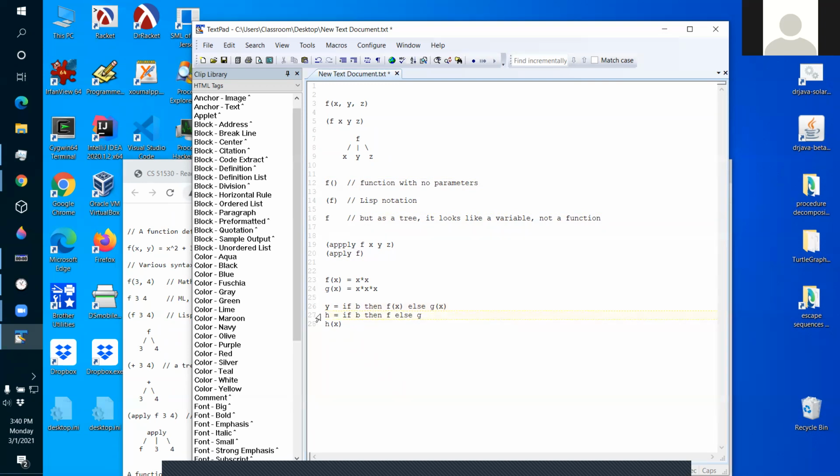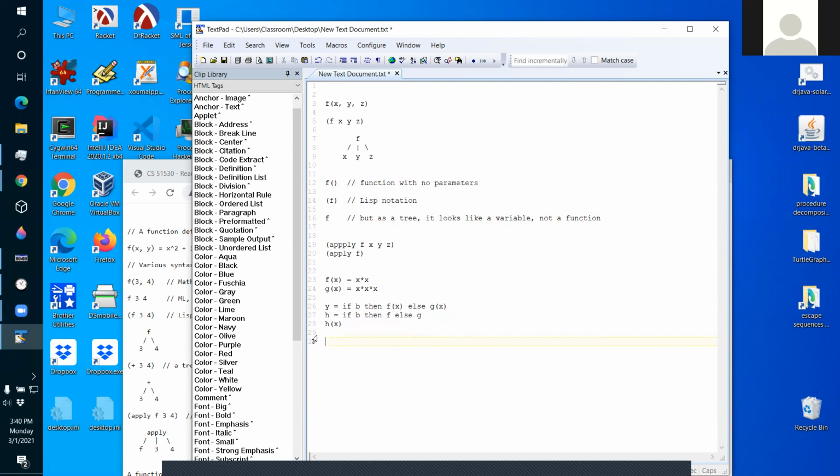This is a little bit more abstract. Here I'm saying that h is either the f function or the g function, and the result of h is either one of those two functions, and I call the result. So these two lines together pretty much do the same thing this does. Now I can do something really weird.